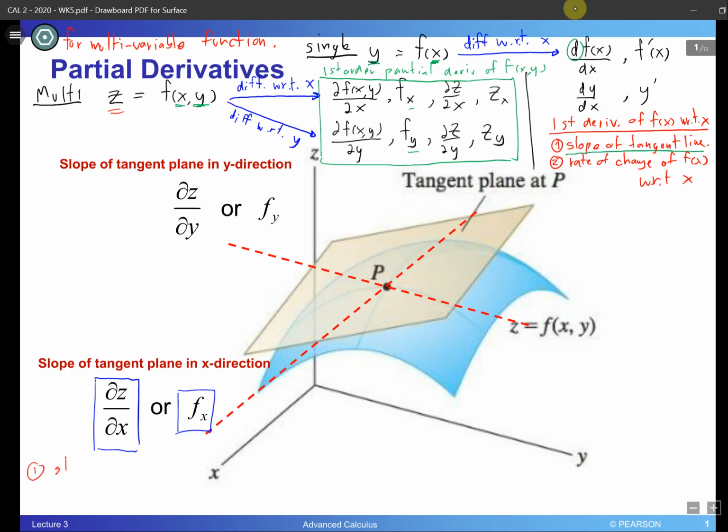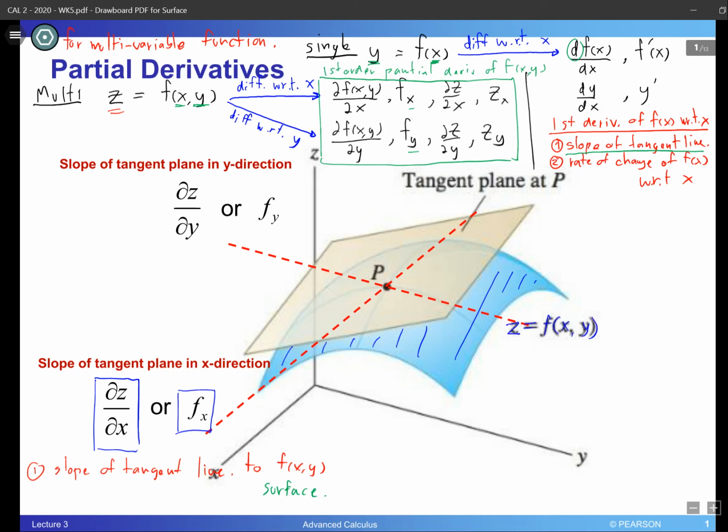It's going to be the slope of the tangent line, again tangent line to the surface of f of x y. By the way, this time this function is no longer a line or a curve, it's a surface. So we are talking about a tangent line to a surface, and the surface that we are looking at in this figure is this blue surface. This blue surface is z equal to f of x and y.